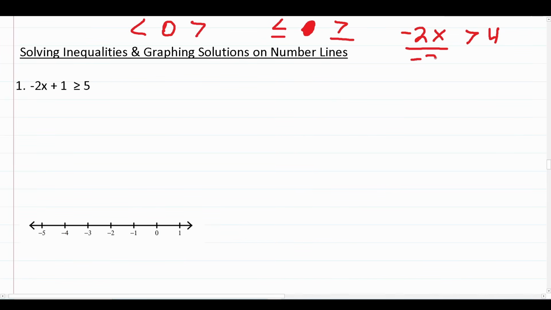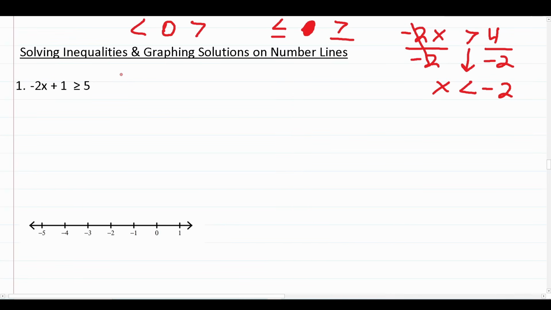So, of course, we would divide both sides by -2 to get rid of -2 from here. But what did I just do? I divided across this inequality sign by a negative value. So that's going to prompt me to change this from greater than to less than. So as you can see, I just changed the direction of our inequality sign. 4 divided by -2 is -2.